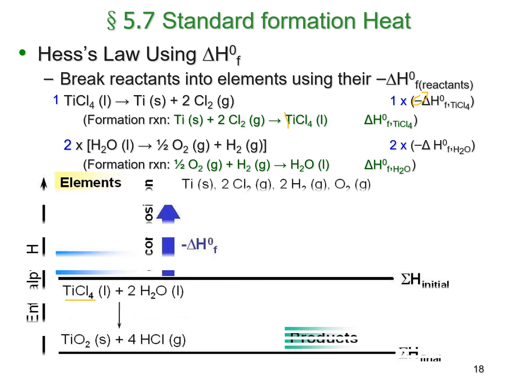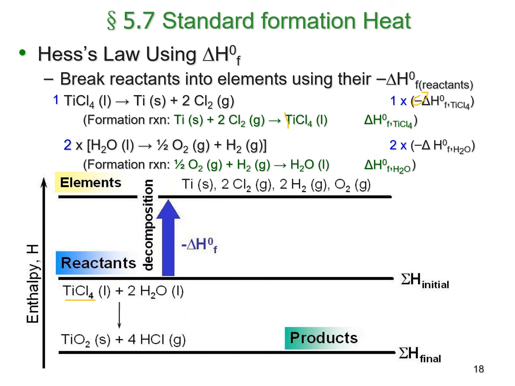Are we done? Yes. We just simply break every reactant into their elemental forms through the decomposition. Why the negative? Because we realize here's a negative sign, here's a negative sign.